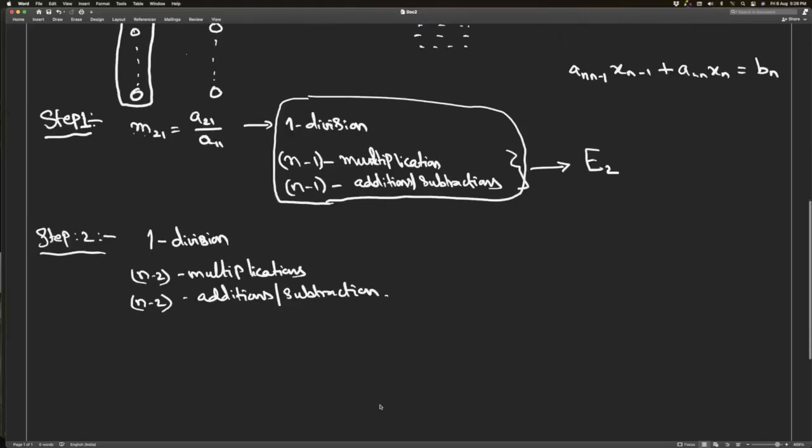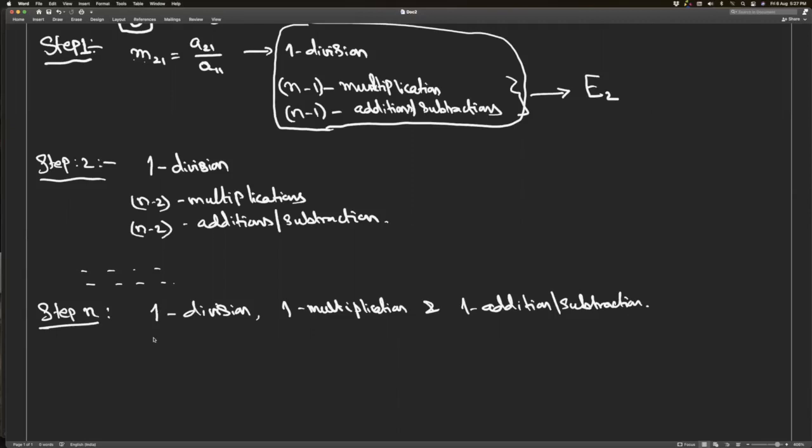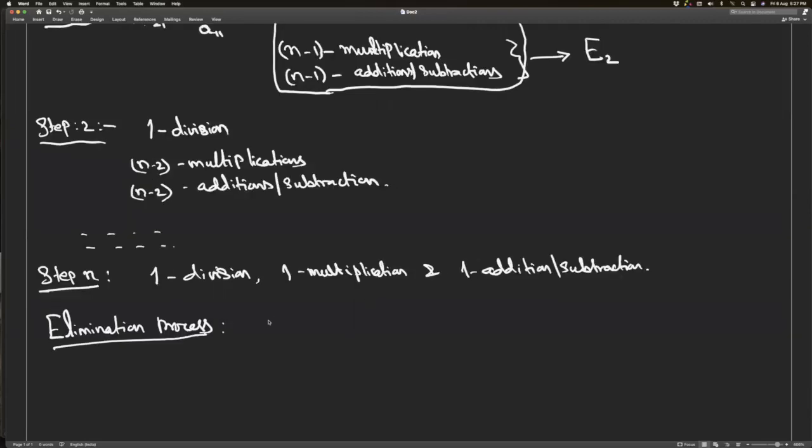So like that it goes on. And at step n, you have one division, one multiplication, and one addition or subtraction. So totally, in the elimination process, you have additions equal to n into n minus 1 by 2, plus multiplications n into n minus 1 by 2, plus divisions n minus 1.